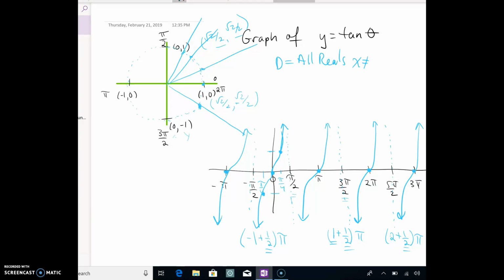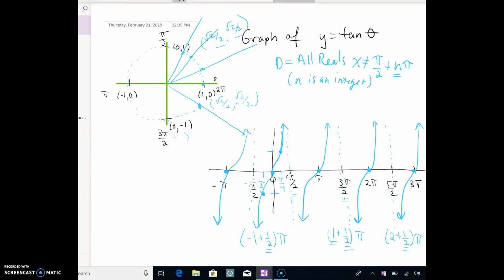So we write it like this: all reals except x cannot equal pi over 2, half a pi plus n pi. And remember what n means: n means any integer value of pi. So n is an integer, which can be any integer value, so -1, -2, -3, -4.